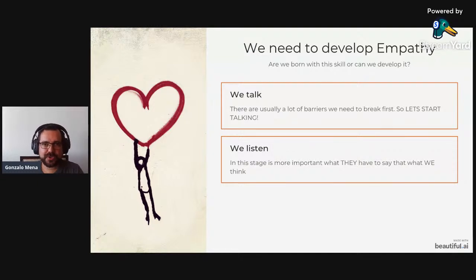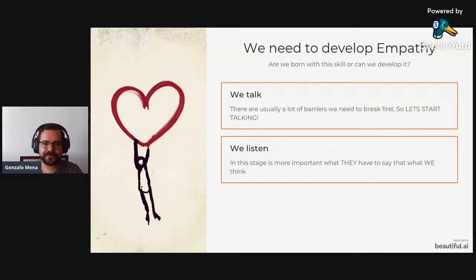When you get someone to lower their defenses and to trust in you for the first time, they expect your full attention. So give them your full attention with your face, with your body language, with everything you got, and actually listen. You're going to learn a lot about what you want to do by listening to the people who are experiencing the problem.